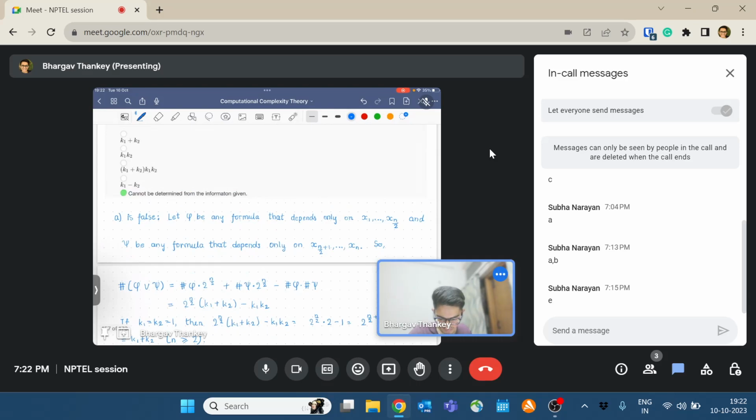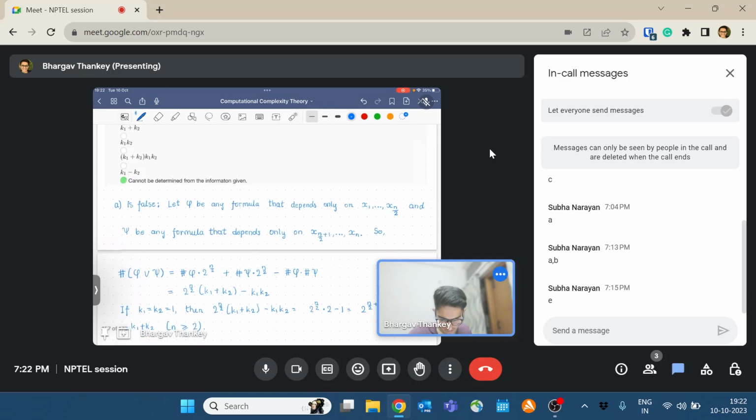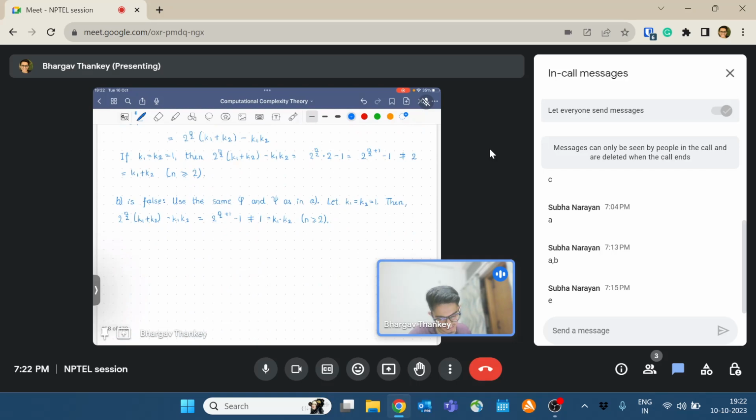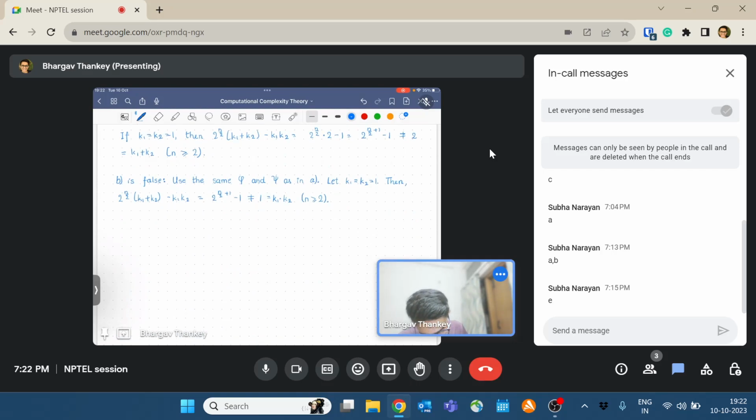What is C? It's K1 plus K2 times K1 K2. I think we can again use the same example. Yeah, I could have just copied this and rewritten this.